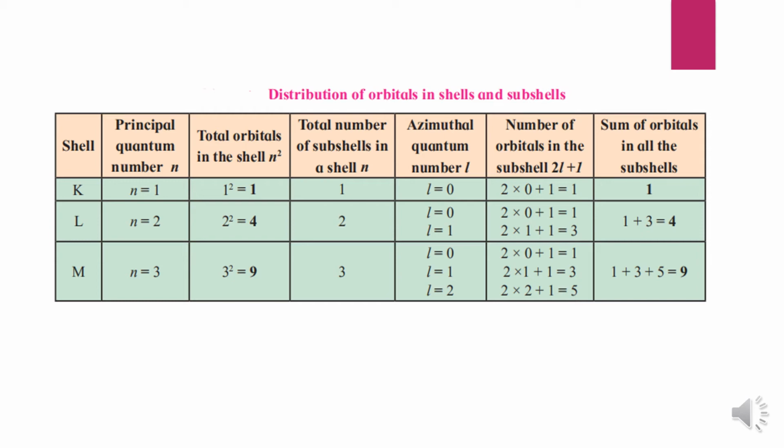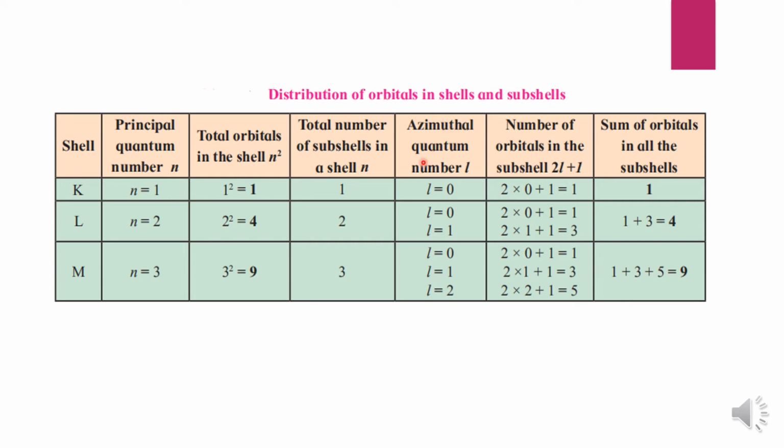Now, distribution of orbitals in shells and subshells. So K shell has principal quantum number 1. The total orbitals present in a shell we calculate according to the formula n square. So we get total orbitals 1 in K shell, and the total number of subshells in a shell is equal to the principal quantum number. So the total number of subshells would be 1 since n is equal to 1 here.